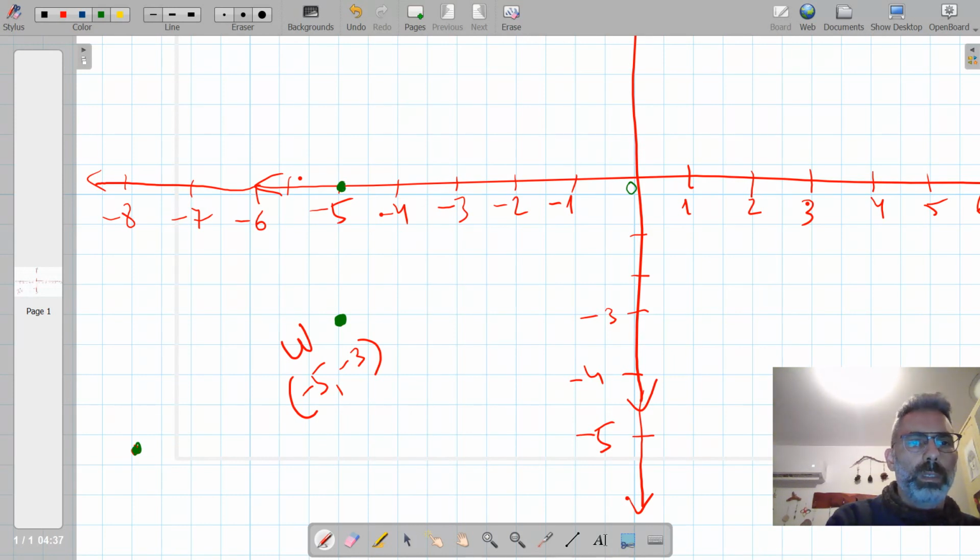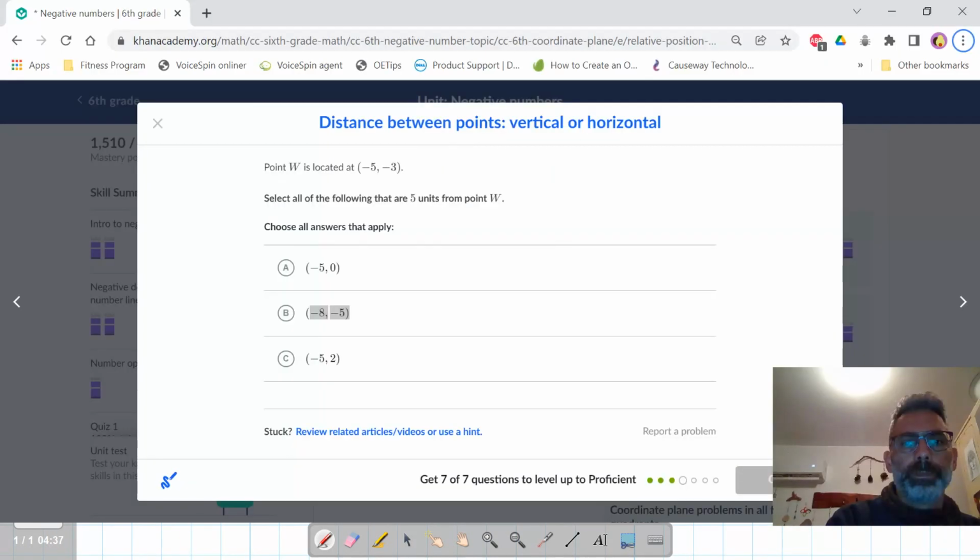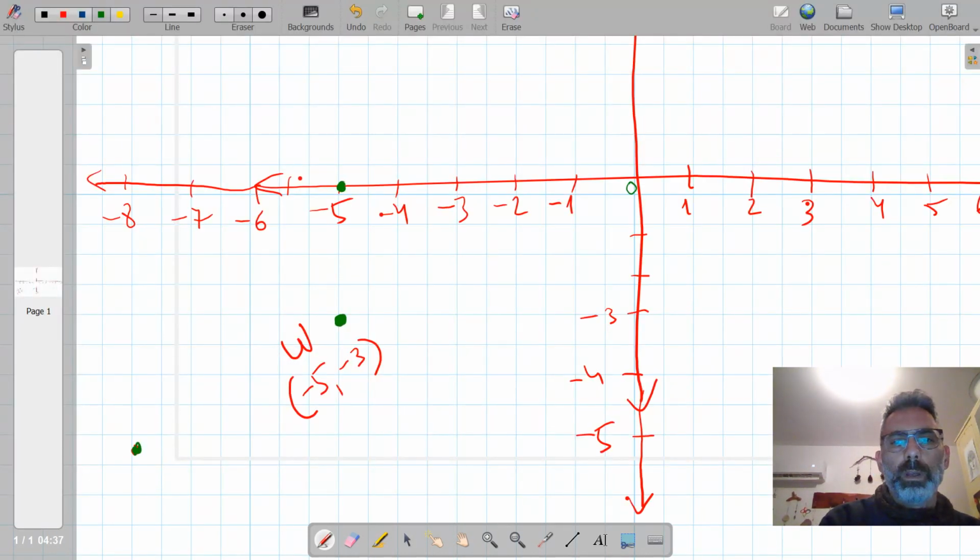And the x is at a distance of 3 units away, and on the y it is at a distance of 2 units away. Okay, so let's consider this third option, negative 5 and 2.